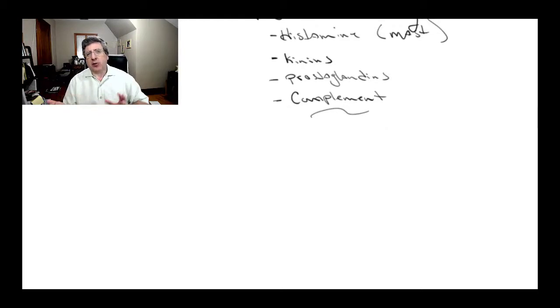Now, it's not just more fluid. Because it's leakier, we're making holes that the fluid can come out of. We're also allowing white blood cells and other proteins to get into the interstitial space. That causes swelling, or edema, in that area. And having the proteins is a good thing.